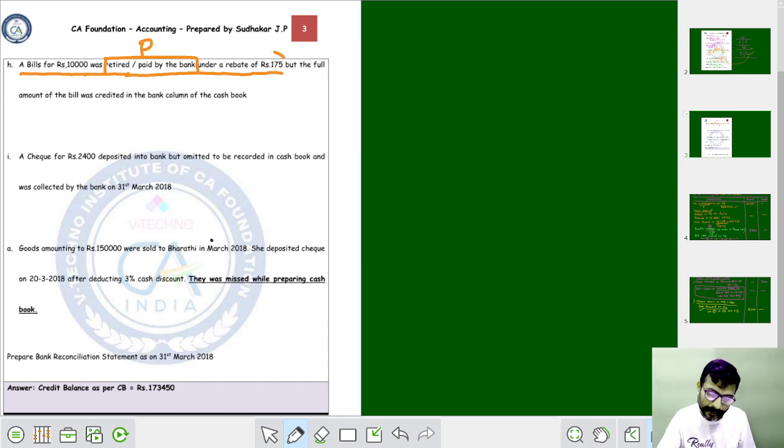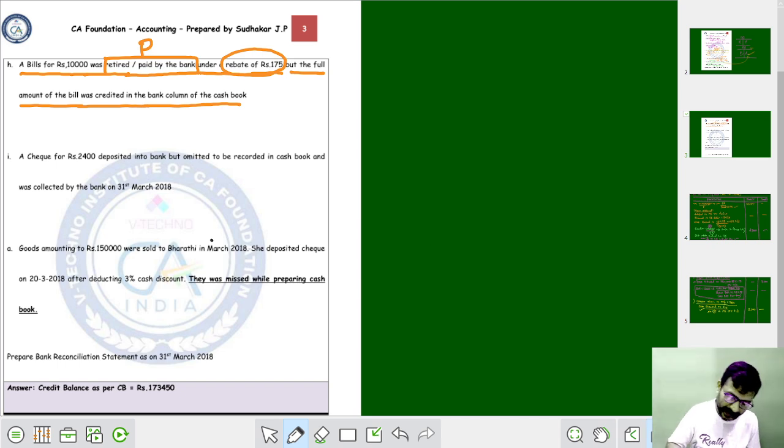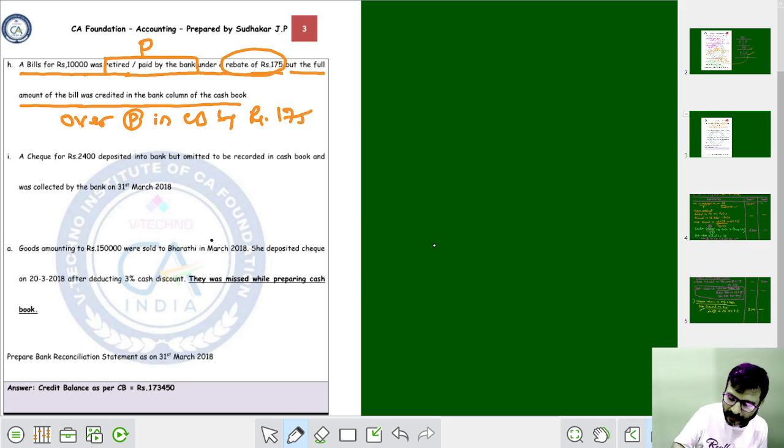How much rebate was given? 175 rebate. Out of that, the full amount of the bill was credited in the bank column of the cash book. What did you do? You entered more in the cash book, 175 more. So it means overpayment in cash book by rupees 175.